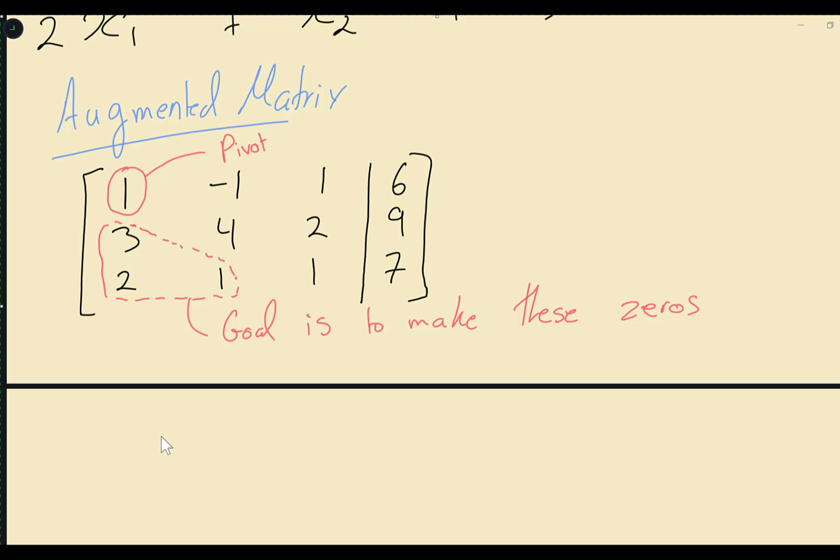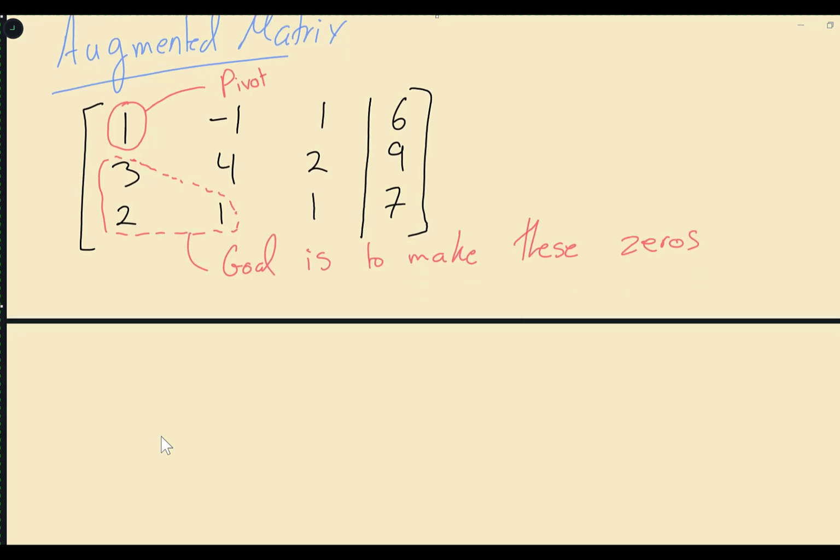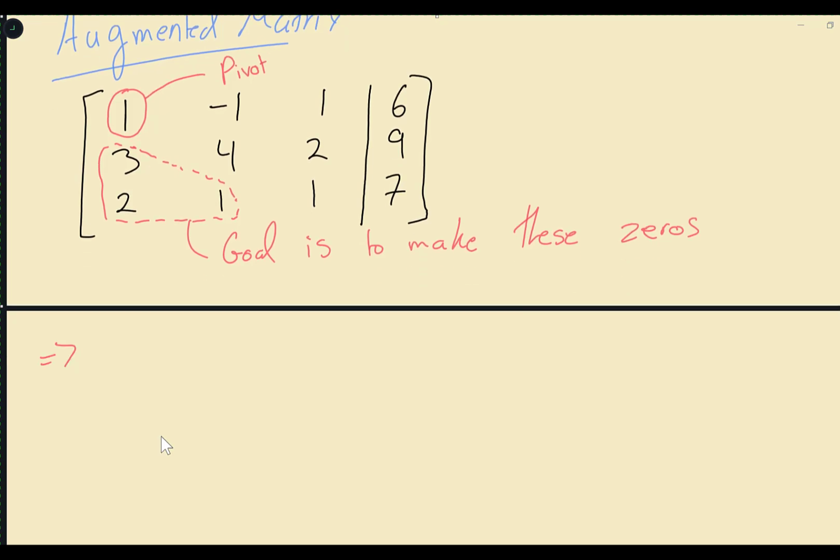It's a systematic way where you should always do it this way, because later on, when we do LU decomposition, you have to do it in this kind of algorithm of 3 steps. So we're going to do forward elimination here.